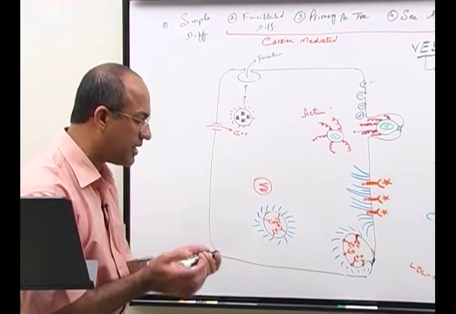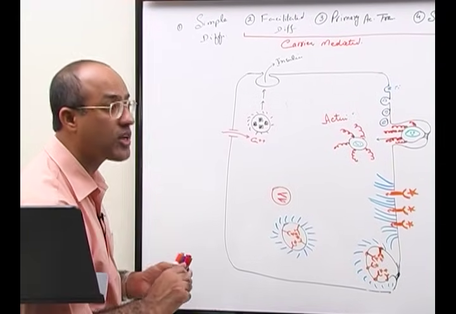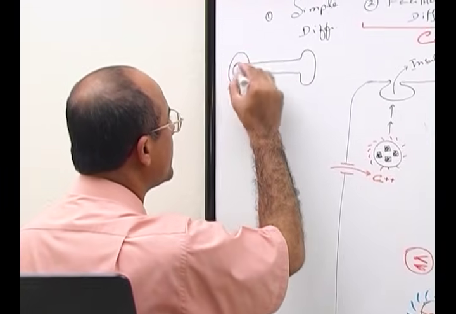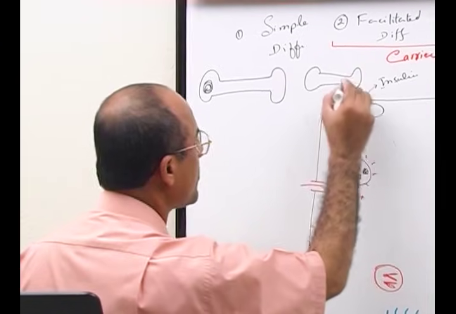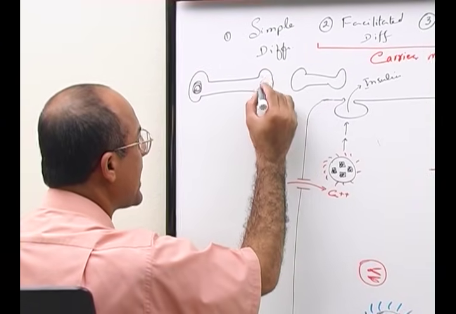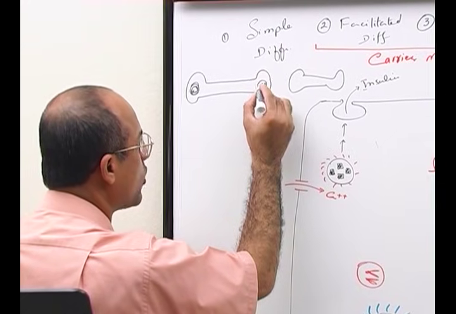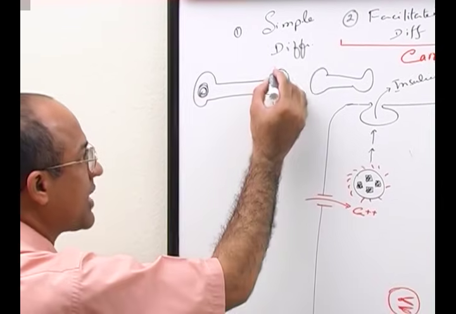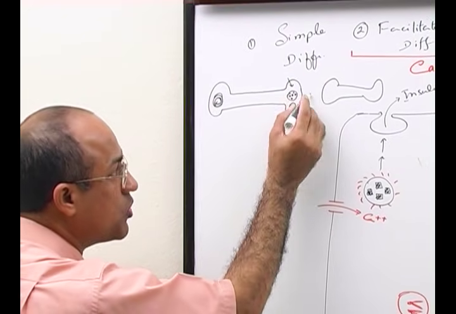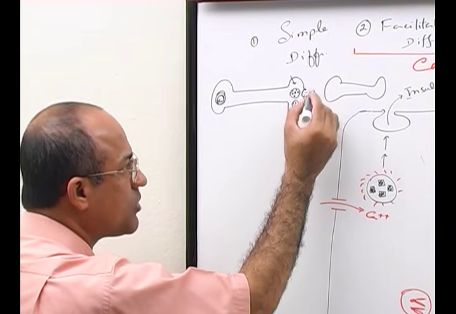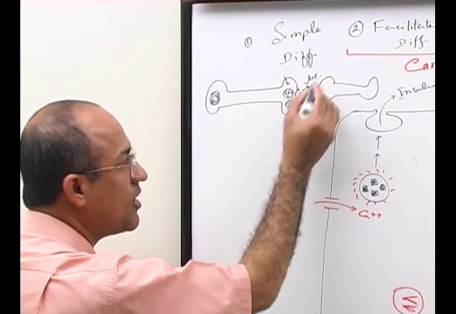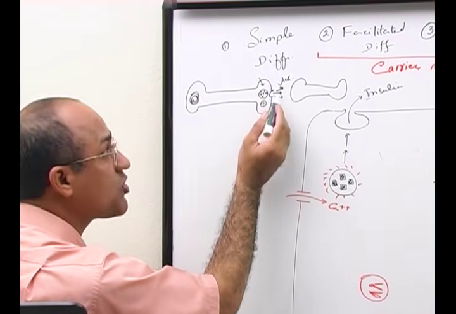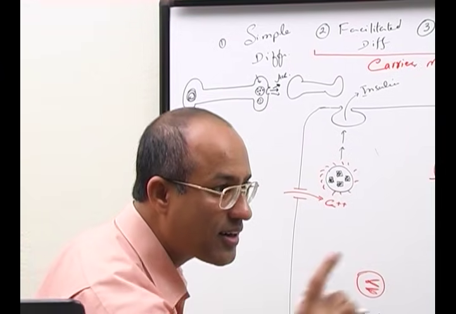Another example of calcium dependent exocytosis is release of neurotransmitters. For example, this is one neuron and this is another neuron. This neuron has vesicles with acetylcholine. It is having vesicles loaded with acetylcholine. When calcium will go in, these vesicles will move to the surface, fuse here, and they will release which substance? Acetylcholine. So this is an example of calcium dependent exocytosis of neurotransmitter.